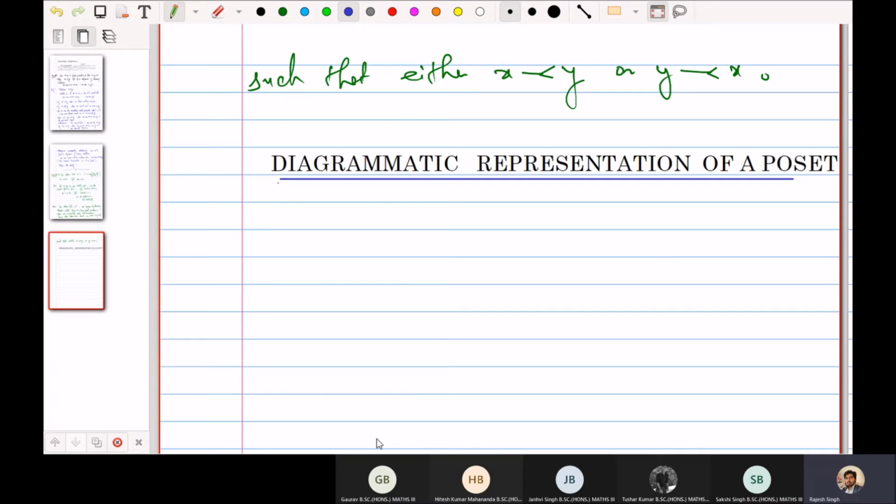So we can represent a partially ordered set by following construction. Okay.